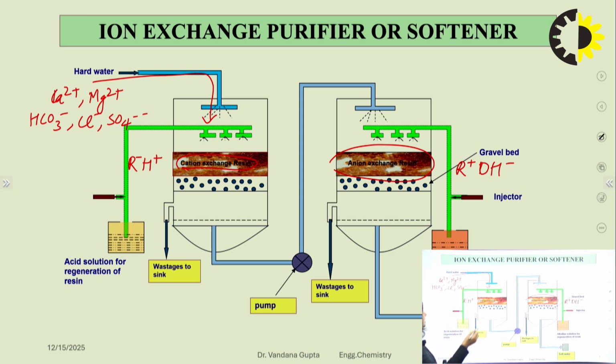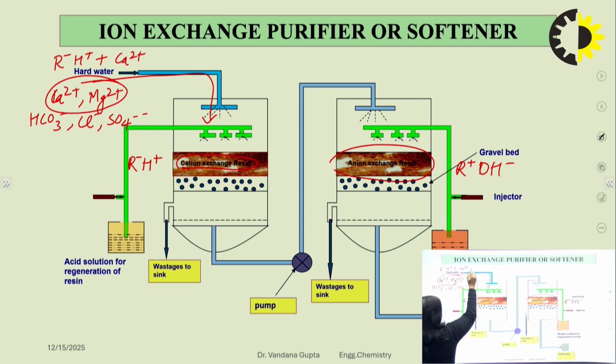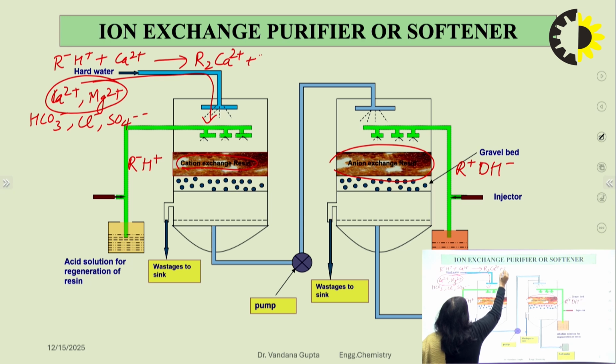When this type of hard water is passed through the cation exchange resin, a chemical reaction takes place and all the hardness causing cations are exchanged with the H+ ions from the resin. So the chemical reaction that takes place is: R-H+ and Ca2+ from the hard water are exchanged, giving R2Ca2+ and 2H+.